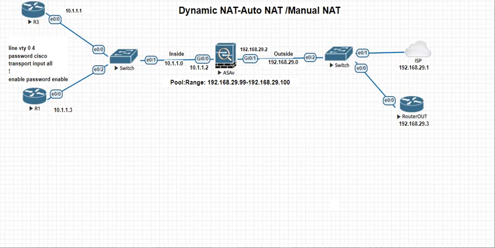When an inside user sends traffic through the address translation device, say the ASA firewall here, it will examine the source. Here we have the sources R3 and R1. So when R3 and R1 try to send traffic to reach the internet, maybe 8.8.8.8 or this router, the ASA will examine the source IP address and compare it to the internal local address pool.